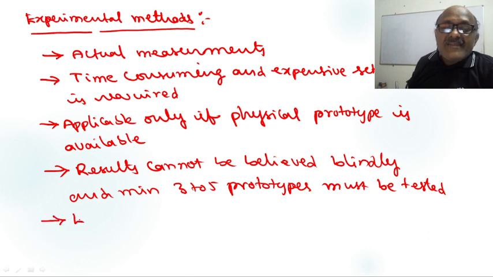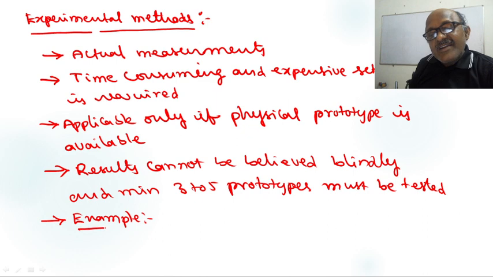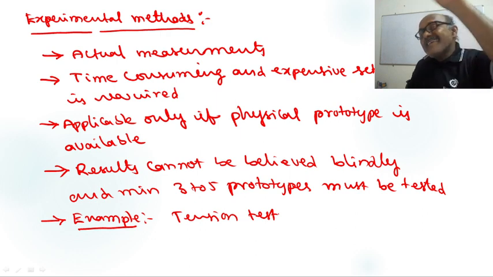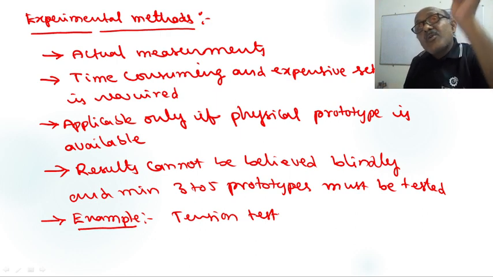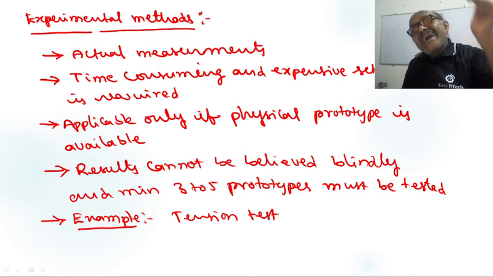What are the examples for this? Just now we already discussed the tension test, to find the change in length of the mild steel specimen; by using the change in length, we are able to estimate stress and strain.